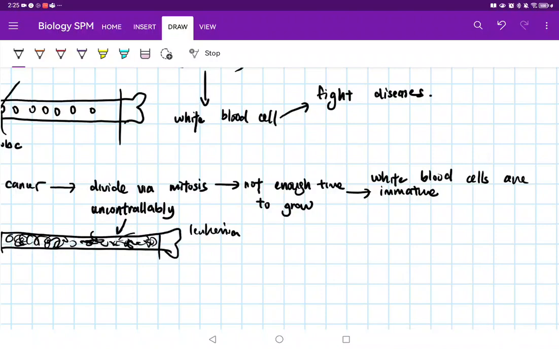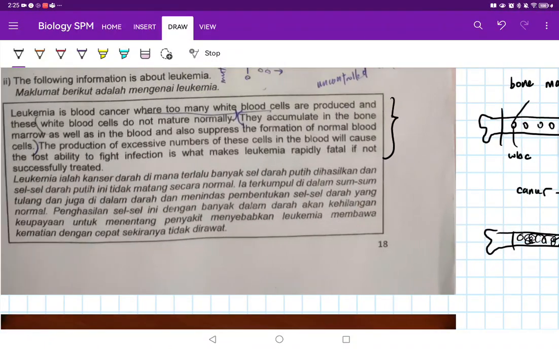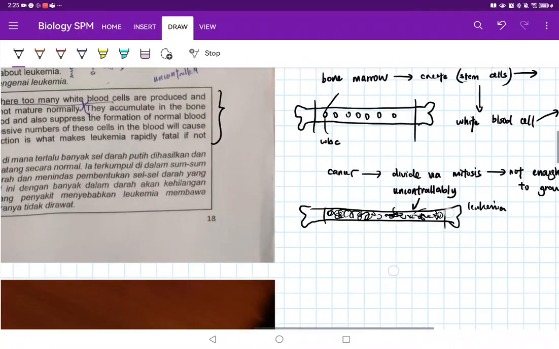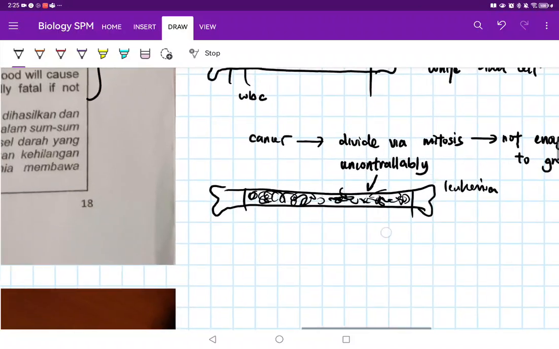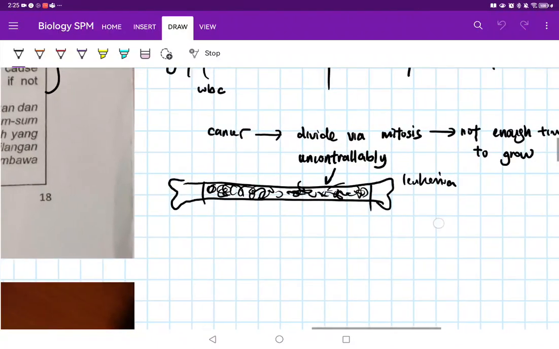That's why they cannot mature. Okay, then these white blood cells will accumulate, they will gather, in the bone marrow, alright? And because stem cells also produce other cells, right?